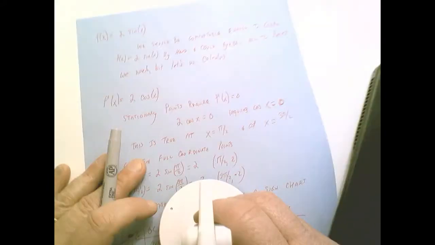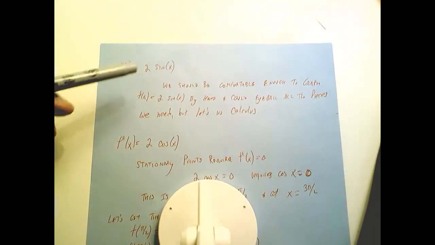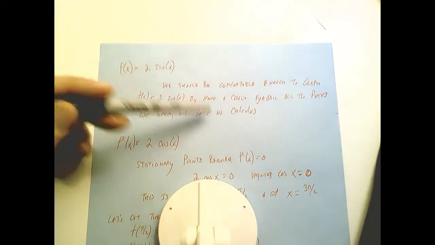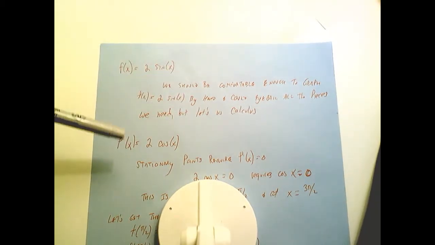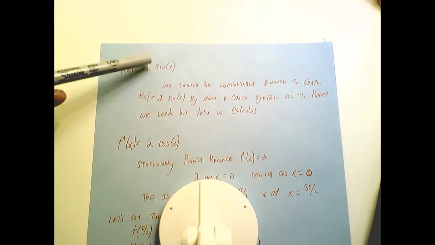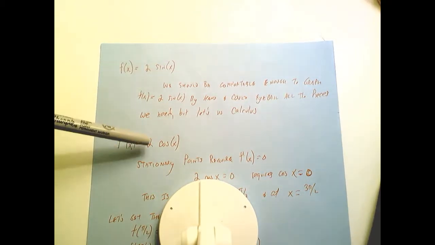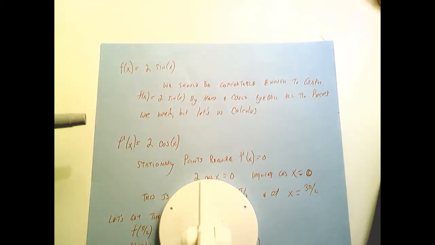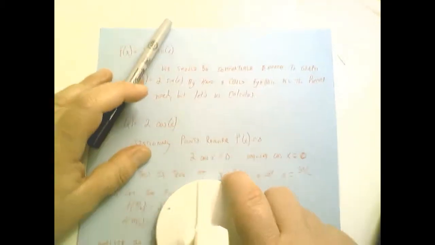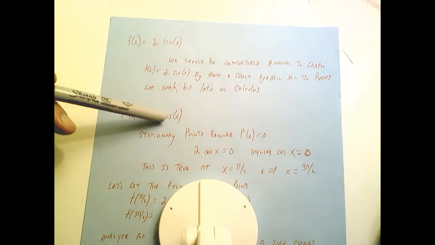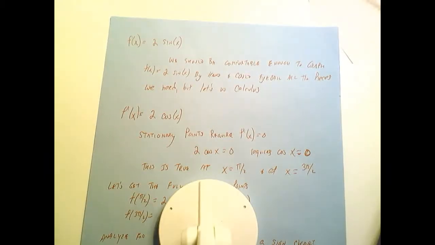So here we go. F of x equals 2 sine x. We could inspect this by hand, but let's go ahead and do it with calculus. What's the derivative of 2 sine x? It's 2 times cosine x. How do we find stationary points? Set the derivative equal to 0. 2 cosine x equal to 0 requires that cosine x will be equal to 0.